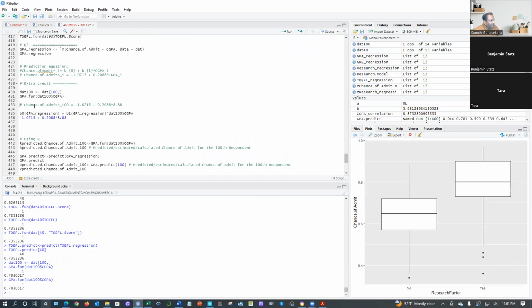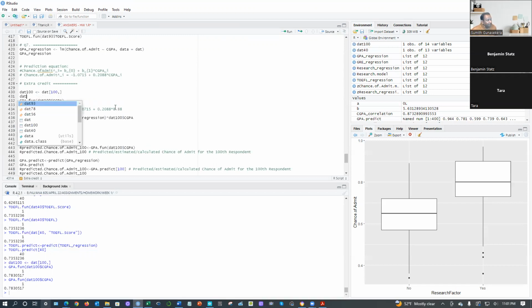So chance of admit, why do we have 8.88? 100%, get 100. We're going to check this one more time. Data 100% entry.